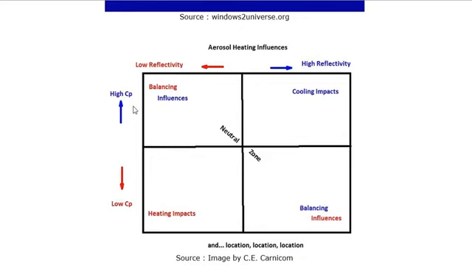So if it has a high specific heat, it takes more energy to raise that unit mass a certain temperature. And if it has a low specific heat, it doesn't take as much energy to heat that unit mass up. So basically, things with a low specific heat will heat up more readily. Things with a high specific heat will heat more slowly, or actually, in a relative sense, have a cooling effect.